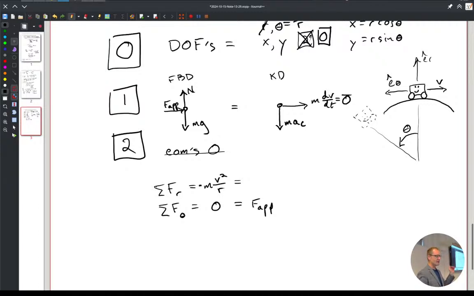When it's at the top of the hill, you don't need any force. If you were already moving at a certain speed, you don't need to keep applying a force to maintain that speed. That's all that one's saying. And then everything else, plug it in here, and minus mg.